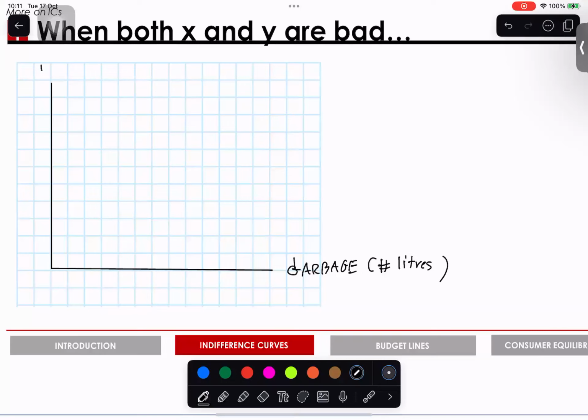Another one, let's say noise pollution, which can be measured in terms of decibels, the level of noise decibels.